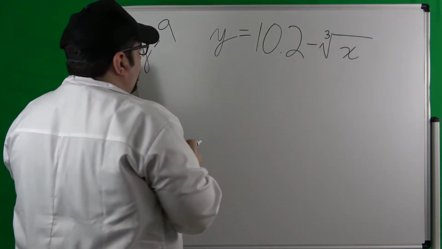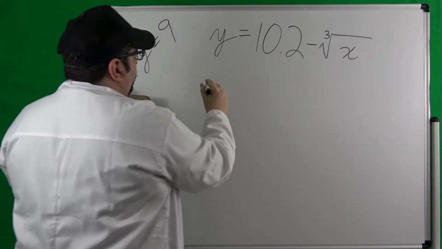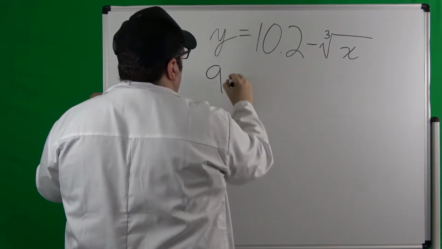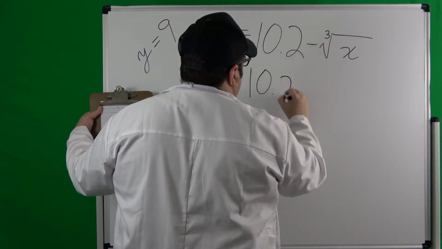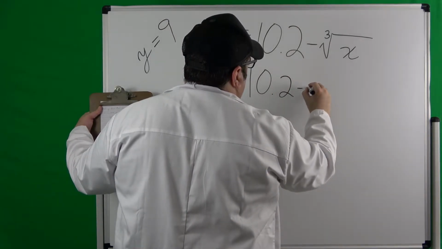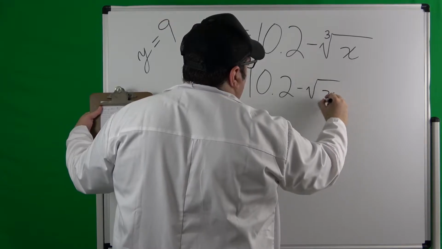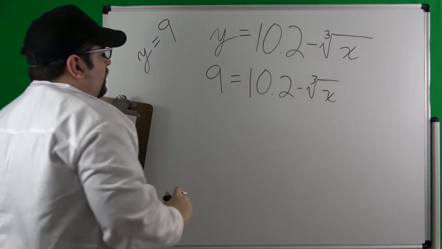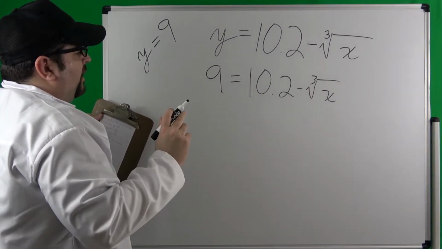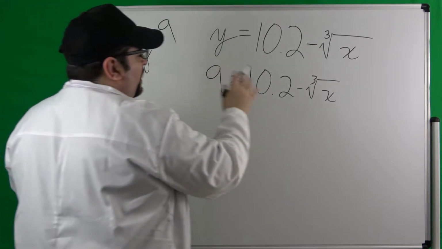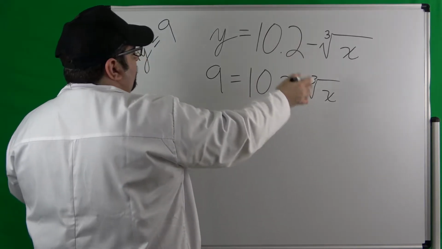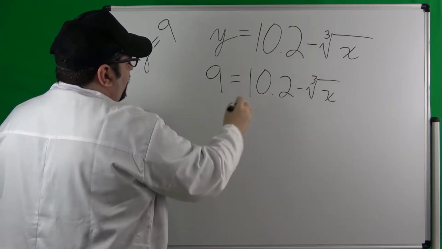So let's just go ahead and substitute 9 in for y. So, okay, I want to go ahead and make the variable be positive. So I'm going to bring the cube root of x over here and bring 9 over there.